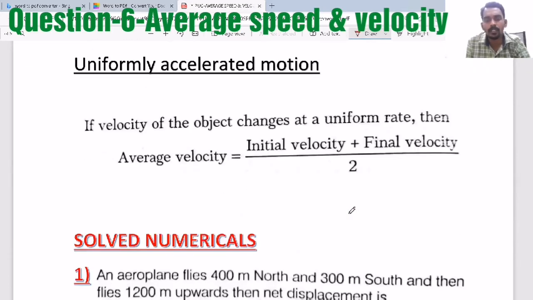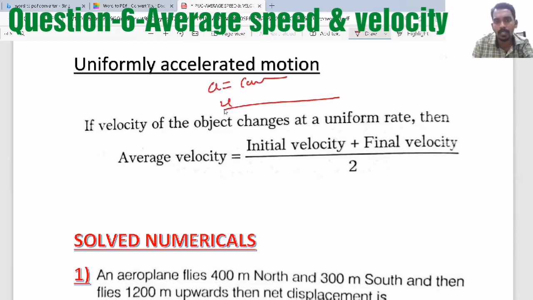Here comes one simple formula for uniformly accelerated motion, where acceleration remains constant. When the particle starts from a point with initial velocity u and reaches the final point with velocity v within time t with acceleration a, the average velocity between any two instants is displacement by time.